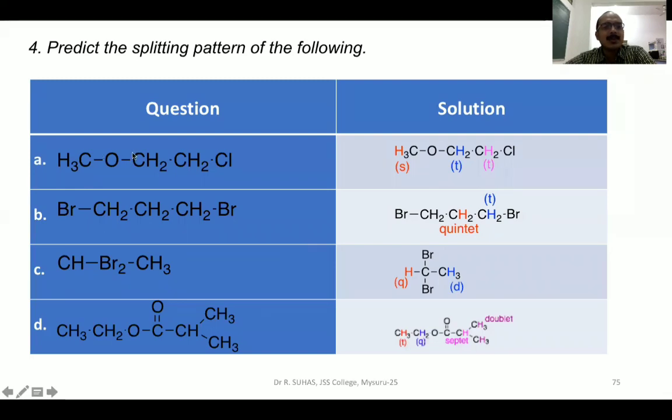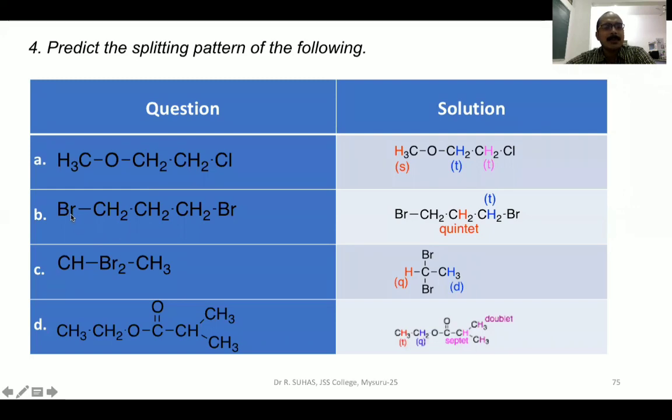This CH2 has the neighbor O on this side, and CH2 on the other. So on this side no protons, on the other side there are 2, that means 2 plus 1 is 3. So you can expect a triplet for this. For this also, one side is Cl, another side is CH2. Definitely you will expect a triplet. So singlet, triplet, triplet. 3 types of signals: singlet, triplet, triplet.